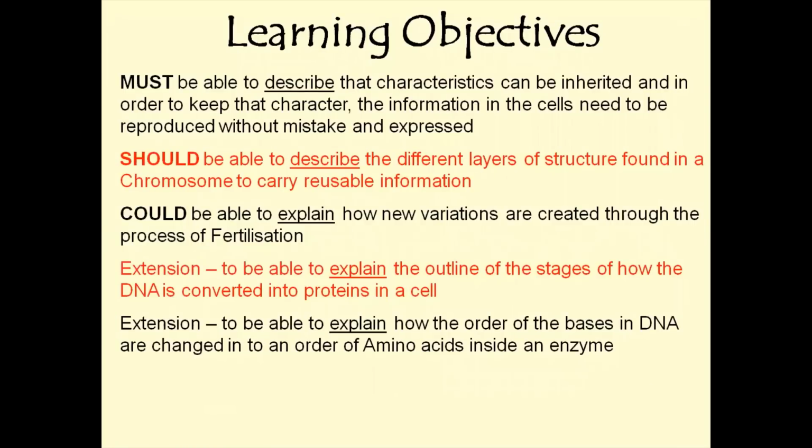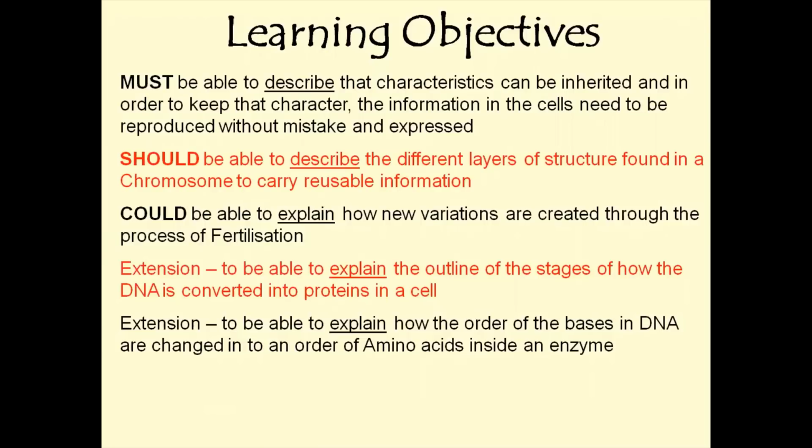Again, a recap of the learning objectives. All students must be able to describe that characteristics can be inherited, and in order to keep that character, the information in the cells needs to be reproduced without mistake and expressed. Students should also be able to describe the different layers of structure found in a chromosome to carry reusable information.